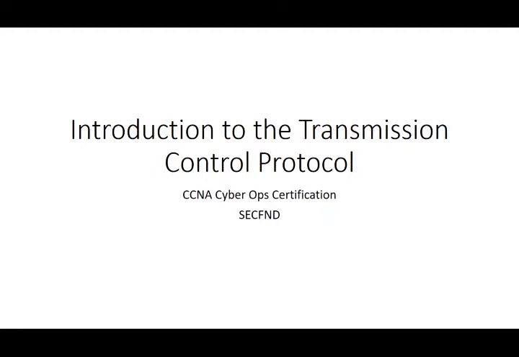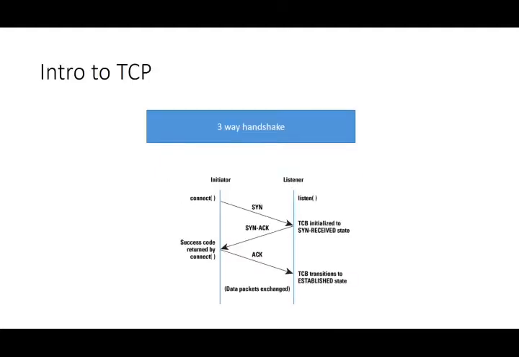When TCP establishes a session between two host devices, it goes through what is called a three-way handshake. The way that this works is the sender will send a TCP SYN message and the receiver will acknowledge that by sending a SYN-ACK.